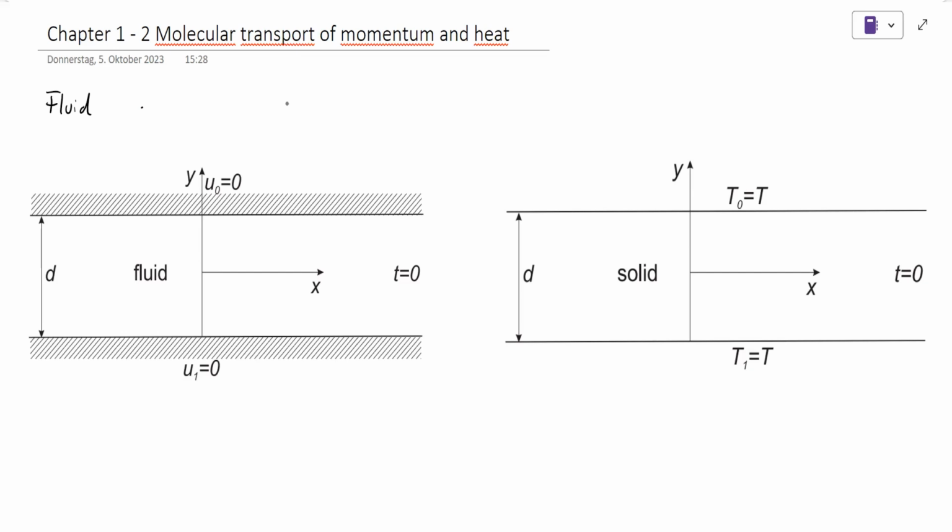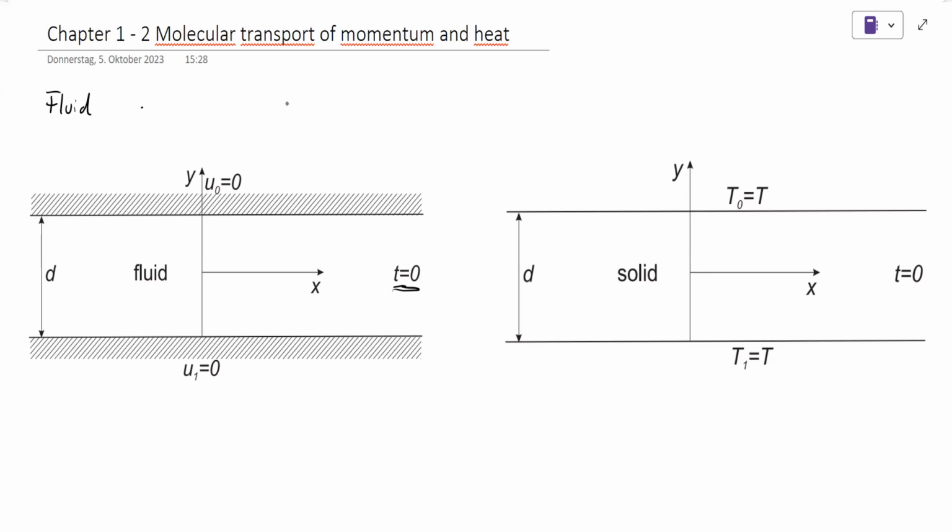The fluid is in a gap between two plates, and at the time t equals 0, we have no velocity because both plates are at rest, and we do not see any pressure gradient or something like that.